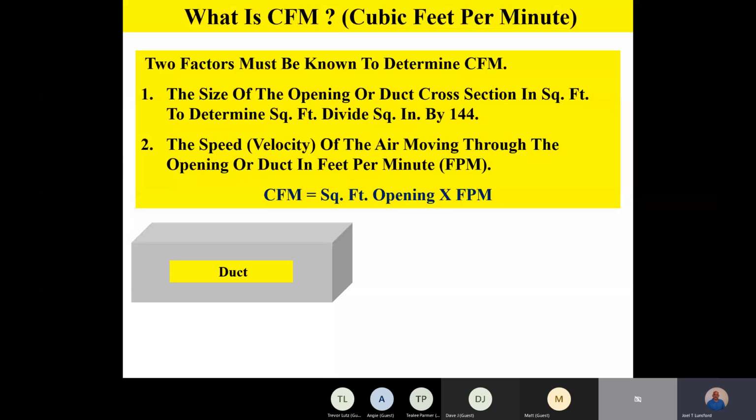In this example, it's 760 feet per minute. We then multiply 760 feet per minute, the velocity of the air, times 2.64 square feet, and in our example, the CFM would then be 2006.